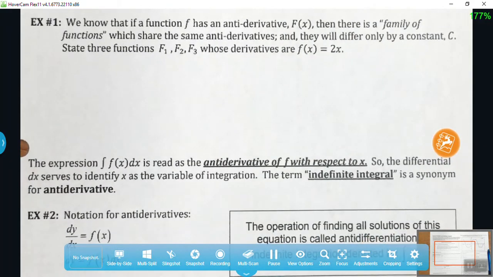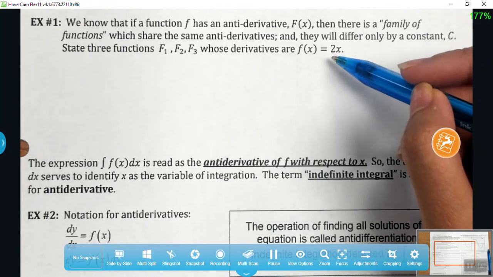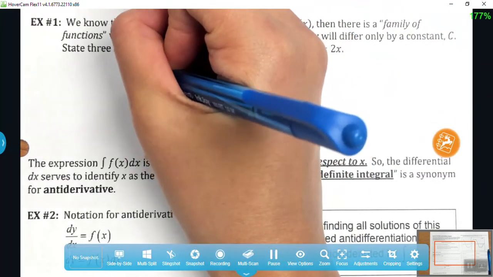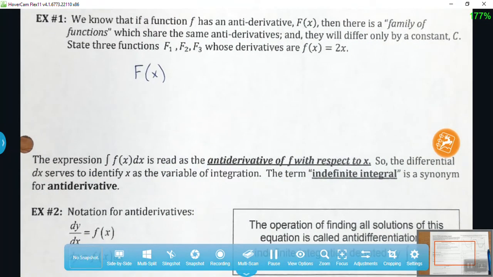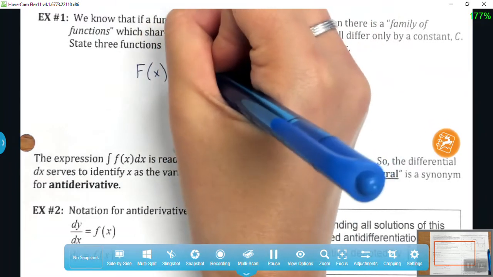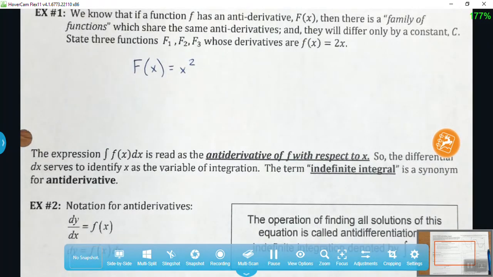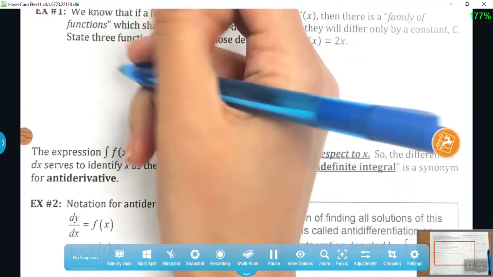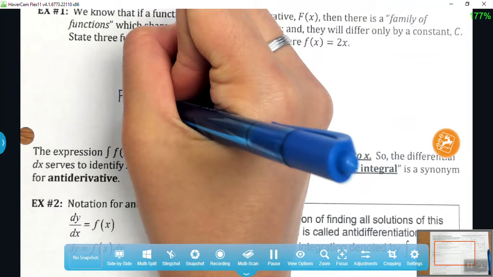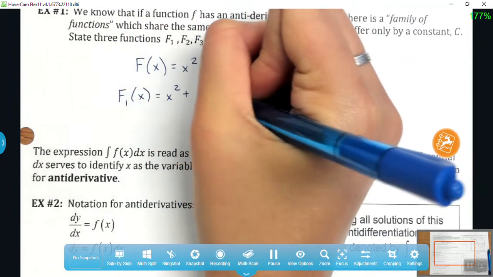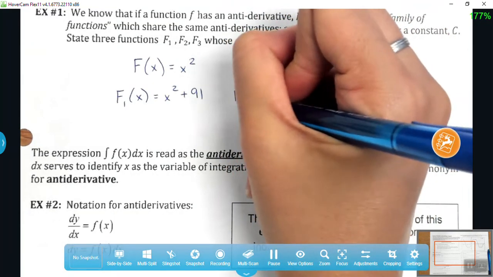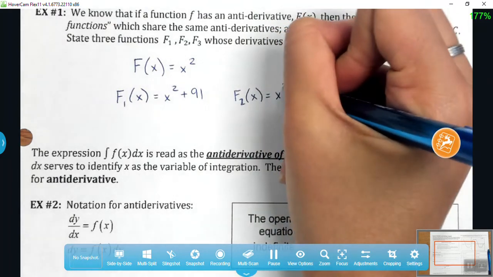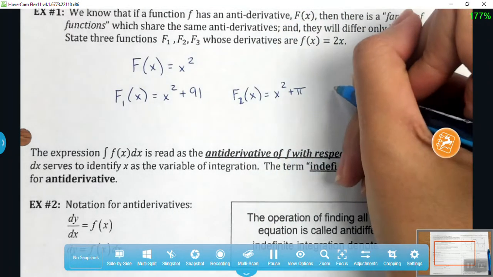Okay? So think about this. If I have a function f of x equals 2x, give me an original function where the derivative is 2x. x squared, right? But plus C. You can add any number to it, and the derivative would still be 2x every single time.